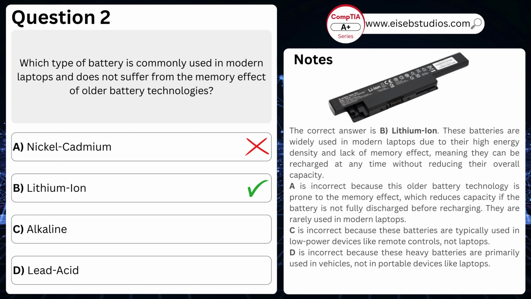They are rarely used in modern laptops. C is incorrect because these batteries are typically used in low-power devices like remote controls, not laptops. D is incorrect because these heavy batteries are primarily used in vehicles, not in portable devices like laptops.